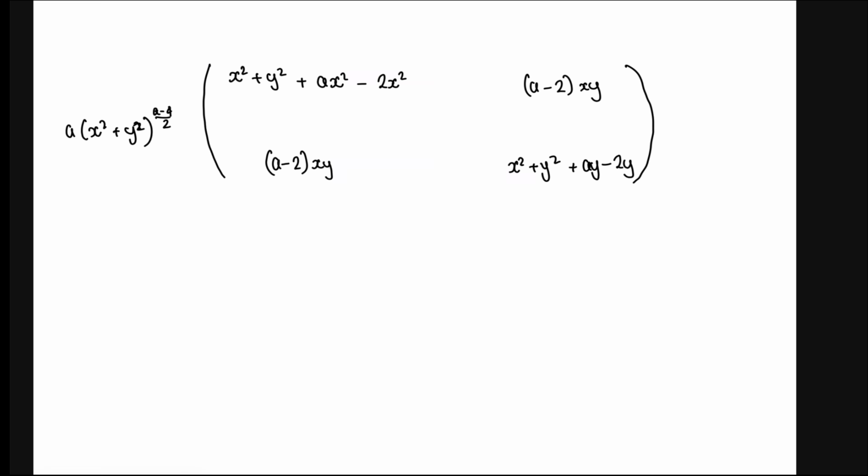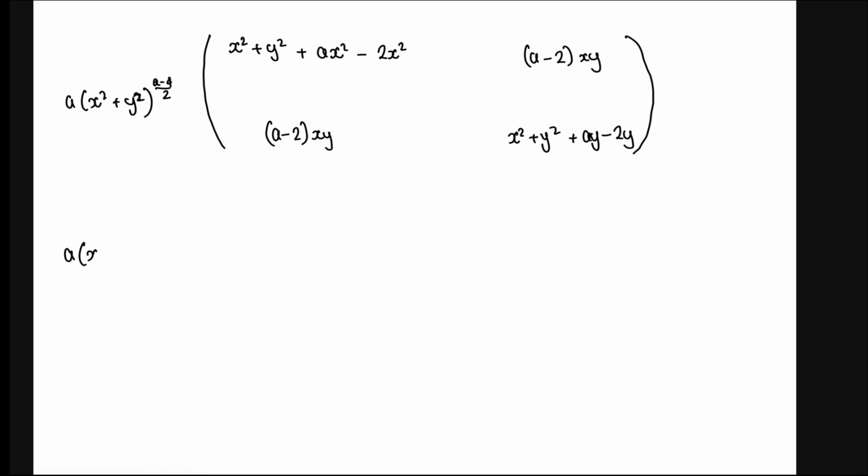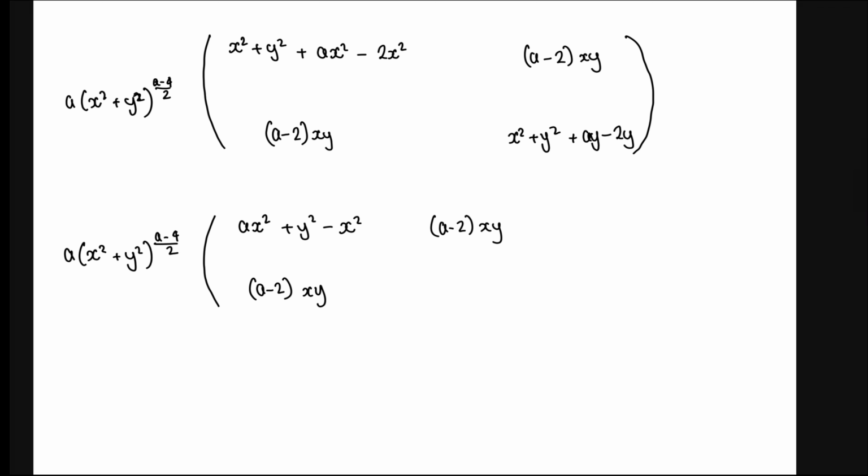Cool. And then finally, we can write this matrix as a x squared plus y squared minus x squared, (a minus 2)xy, (a minus 2)xy, and then a y squared plus x squared minus y squared.